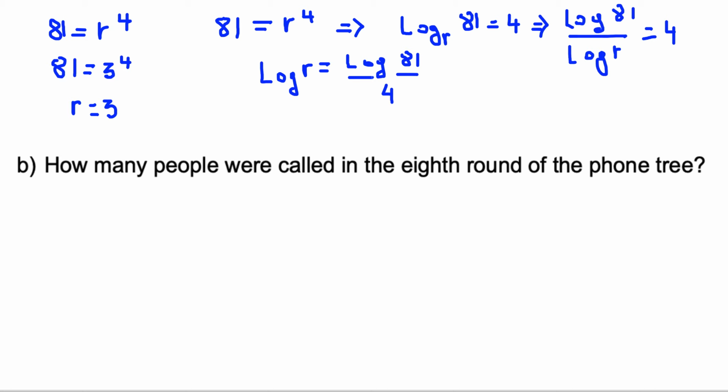And now this gives our numerical value. If we use a calculator, we get some decimal number. But we know this is base 10, and if you want it to look more sophisticated, we can change into exponents. The common log has base 10, so we can write 10 with an exponent: 10 to the power of the common log of 81 divided by 4.